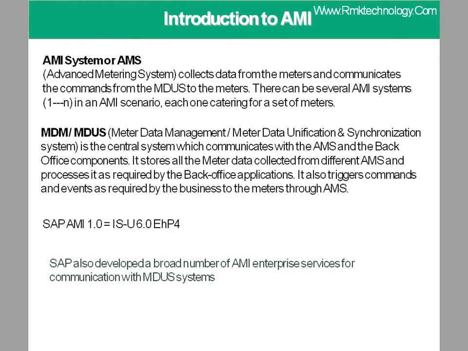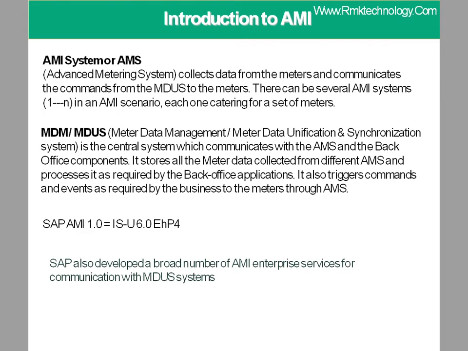MDM, MDUS, Meter Data Management, Meter Data Unification and Synchronization System, is the central system which communicates with the AMS and the back-office components. It stores all the meter data collected from different AMS and processes it as required by the back-office applications. It also triggers commands and events as required by the business to the meters through AMS.